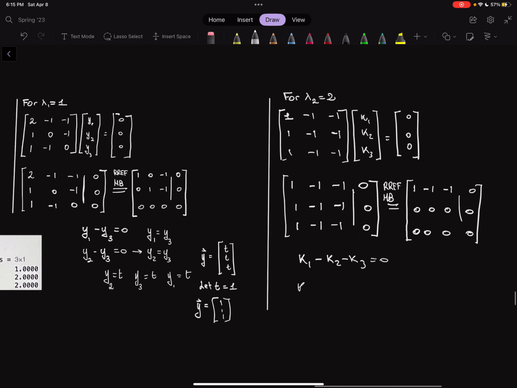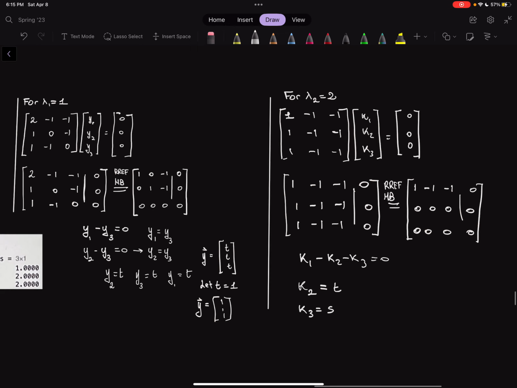We get to choose two values. So let's choose K2 equals T and K3 equal to S. Then K1 is equal to T plus S. So let's say let T be equal to 1 and S be equal to 0. Then what are we going to have?